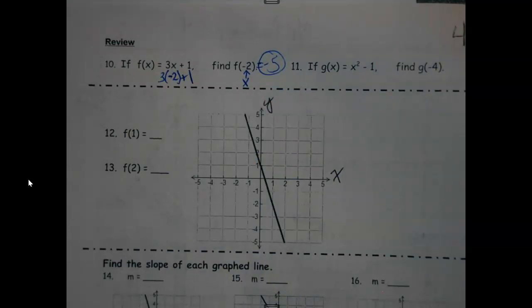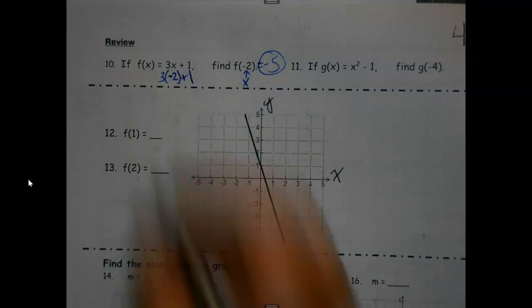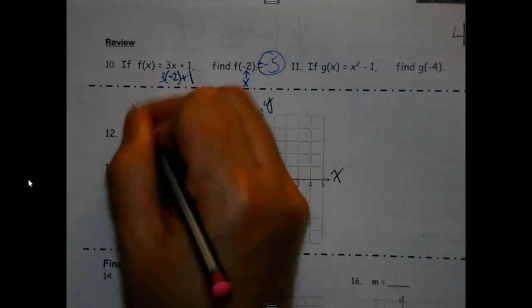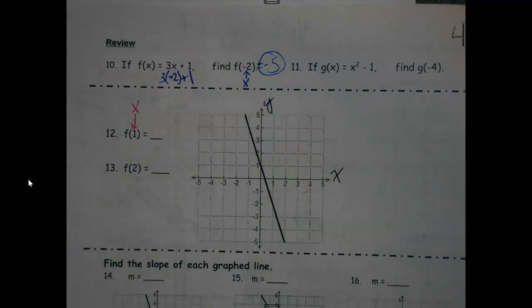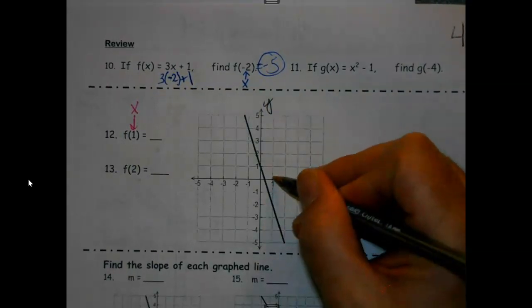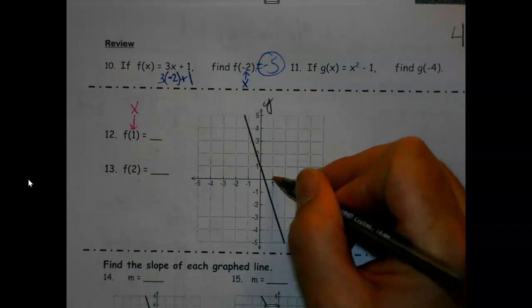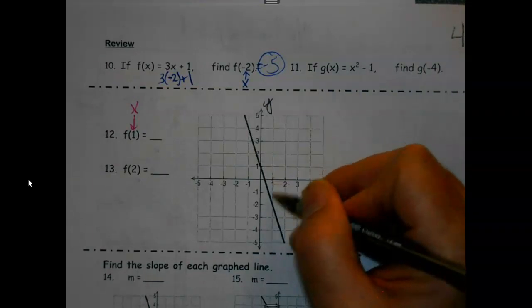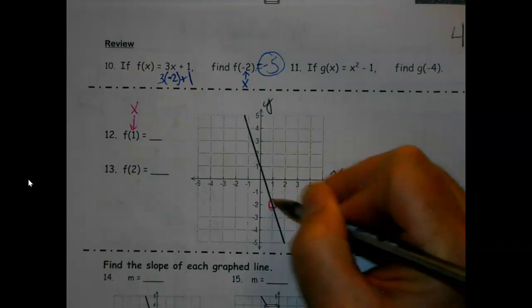Well, what am I supposed to be doing here? This is kind of weird. Okay. So when x equals 1, okay, I'm right here, follow with your pen until you run into the graph. Okay, I'm running into the graph right here.